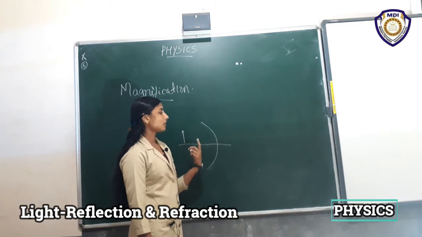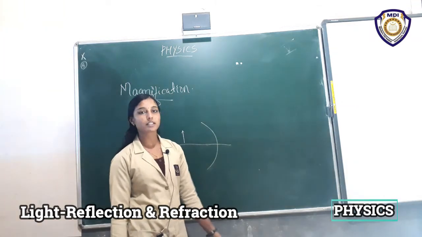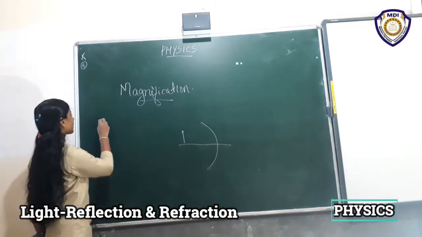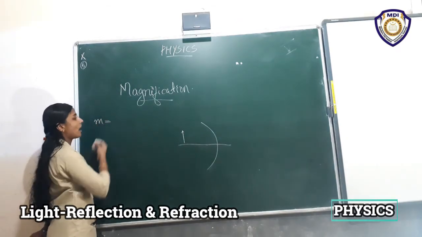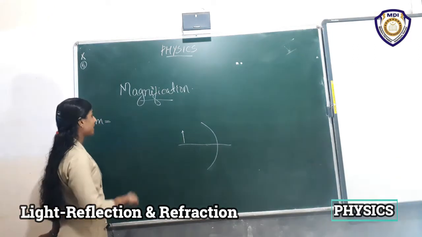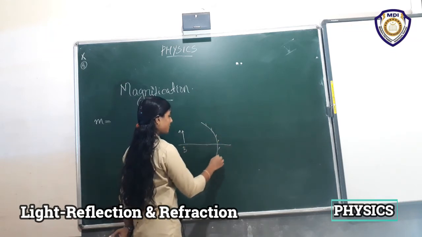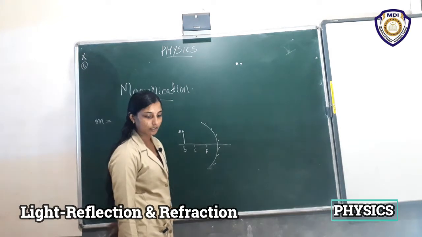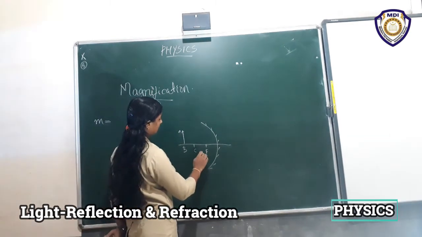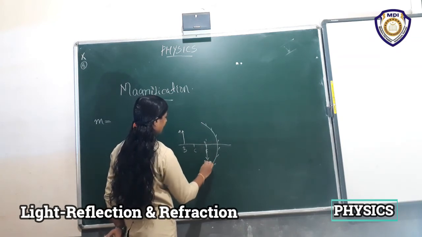And it refers to the ratio of image length to object length. We can represent magnification by the small letter m. Suppose this is AB, an object placed beyond C, and here is A dash B dash.